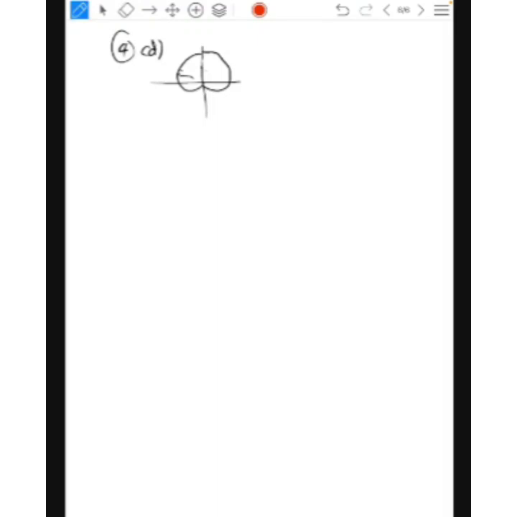Second quadrant will be here, so from pi over 2 until pi. Okay, the curve function is 3 plus 3 sin theta squared d theta.